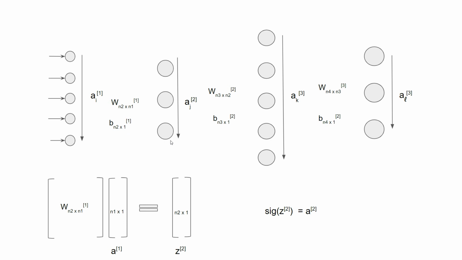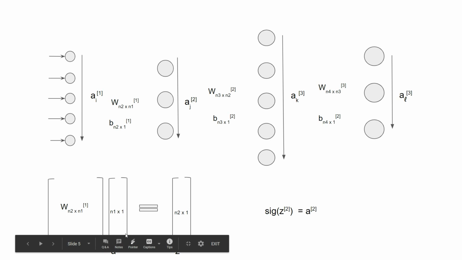For transition from the second layer to the third layer, w2, and from the third layer to the fourth layer, w3 of dimension n4 cross n3, because there are n4 units in the last layer and n3 units in the previous layer. We can see by a dimensionality check that it is true.